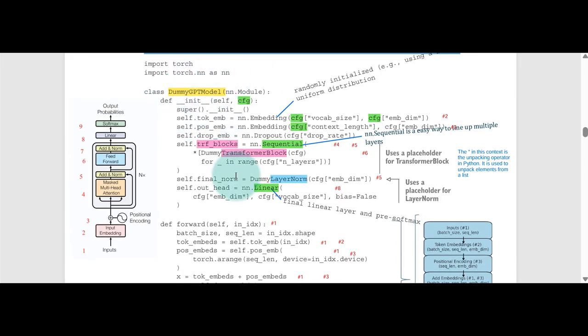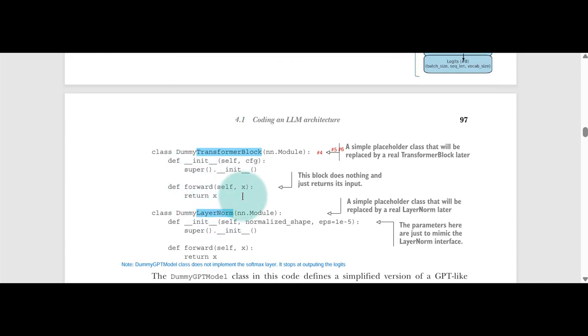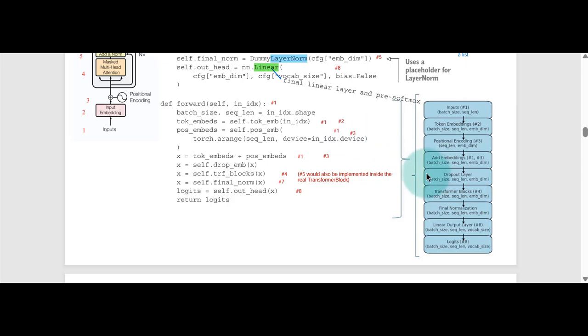We have forward methods inside each of these classes, but this is for the whole class called GPT model or dummy GPT model. So then we have the transformer, final normalization, linear output, logits. Okay, so that's just more explanation of this.